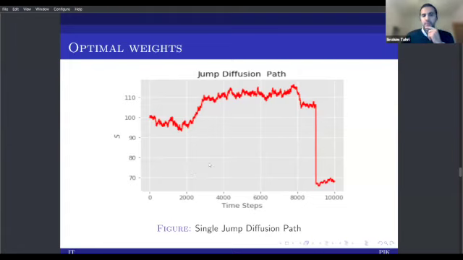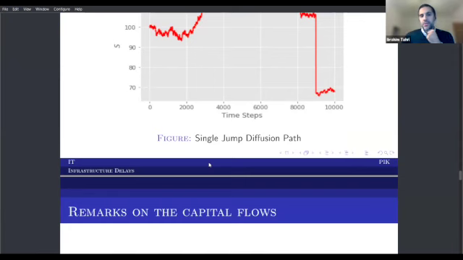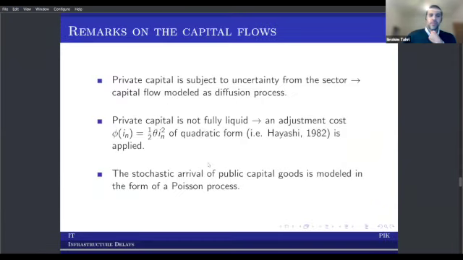So this is what I mean by jump diffusion. As I said, private capital is subject to uncertainty from the sector, and the capital flow is modeled as a diffusion process, but I forgot to mention that it is also driven by a jump process to represent catastrophes like an economic crisis or a climate crisis as well.